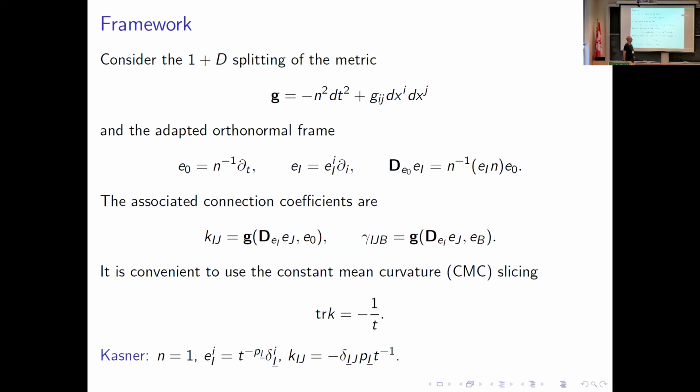And then you have connection coefficients. So the second fundamental form, contracted relative to this frame, the spatial connection coefficients, and a CMC slicing that we heard from Hans. And the Kasner values in this setting take this very simple form. In particular case, like 1/t.